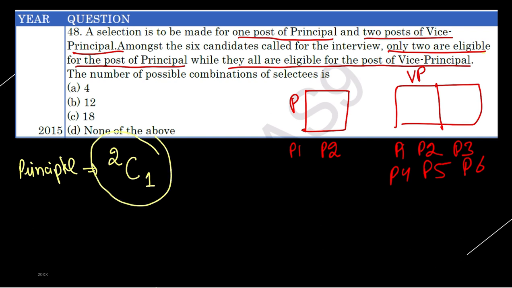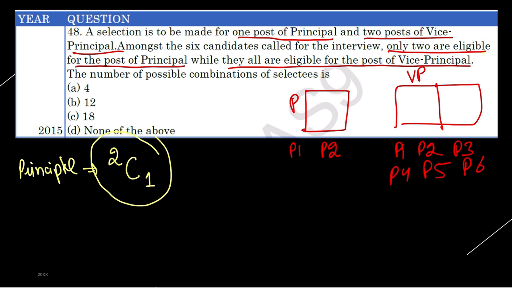So 2C1. Why 2C1? Because their arrangement does not matter. If their arrangement mattered, then it would have been a permutation, right? If you are not able to understand this, go back and watch the last videos. You will be able to understand the difference between permutation and combination, right?